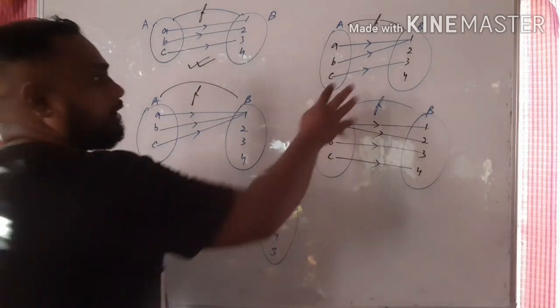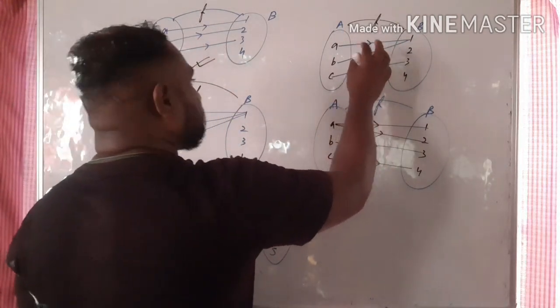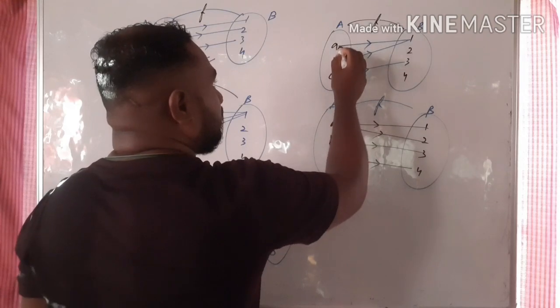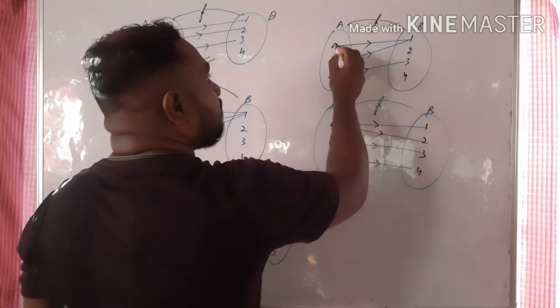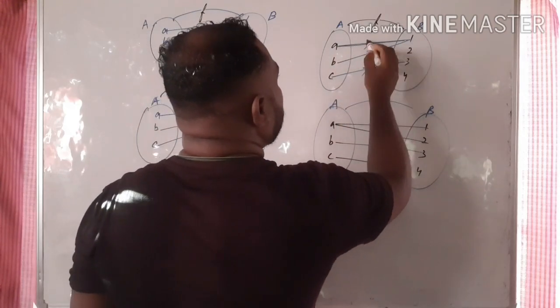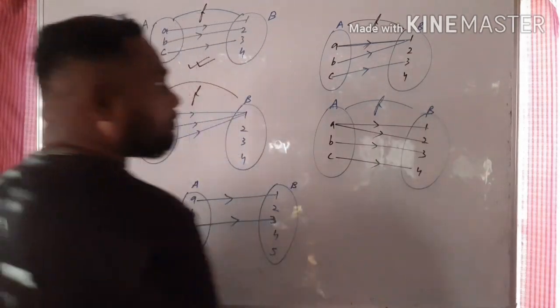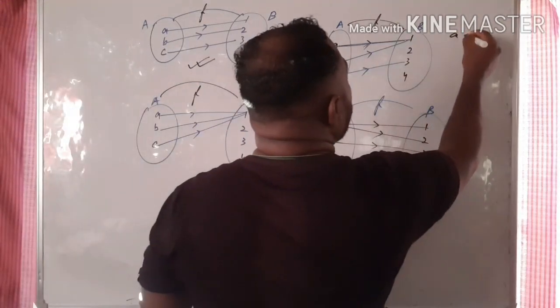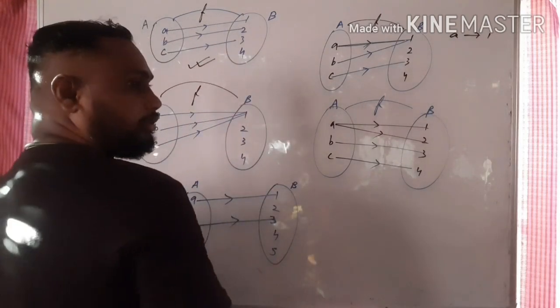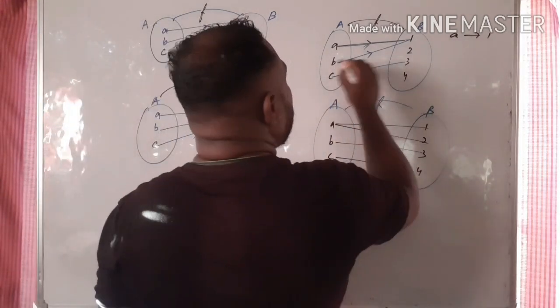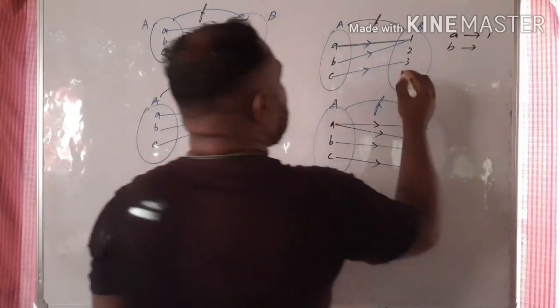Now let us see the second mapping here, this one. Now you see the element A is related to 1, isn't it? So it is going to a unique element, only 1. And B is also going to a unique element, that is 1 only.